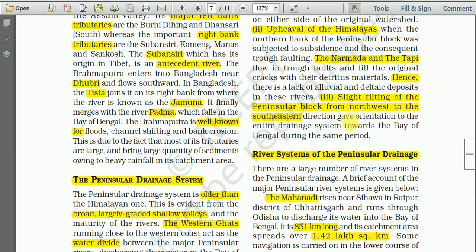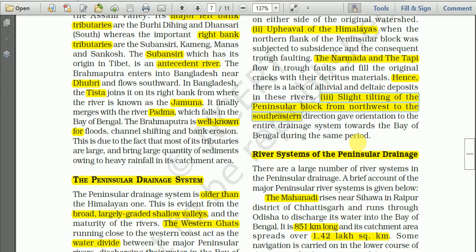Then the third phase, number 3: slight tilting of the peninsular block from the northwest to the southeastern direction, giving orientation to the entire drainage system towards the Bay of Bengal during the same period, that is, during the tertiary period, between 55 to 65 million years before present.